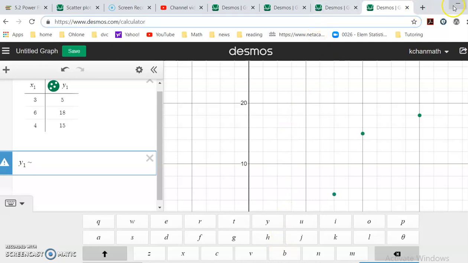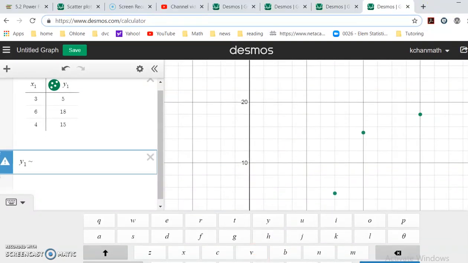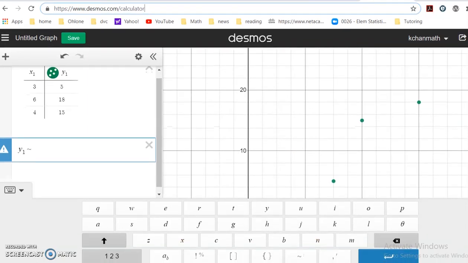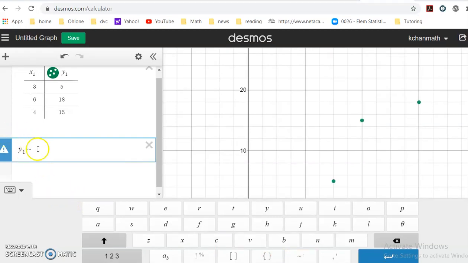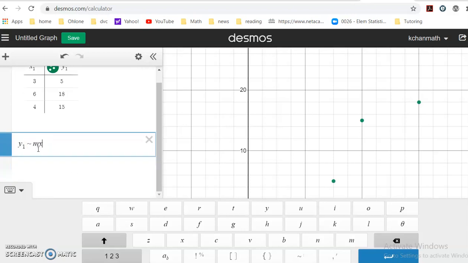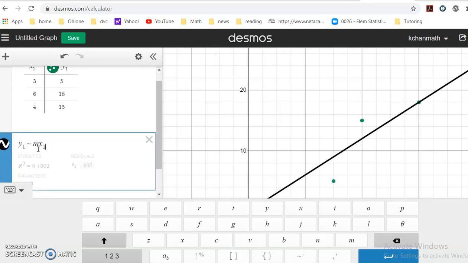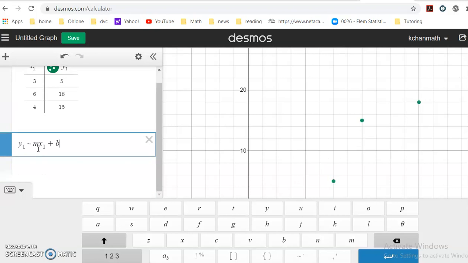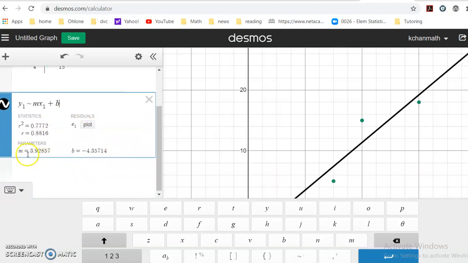It doesn't show up in my frame, so maybe I'll extend this a little bit so you can see. This is where the wiggly thing is. And then you say m x1, x underscore 1, come back up, plus b. If you enter this, then the line of best fit shows up. It will tell you what m is and what b, the y-intercept, is. So that's basically how you do it.